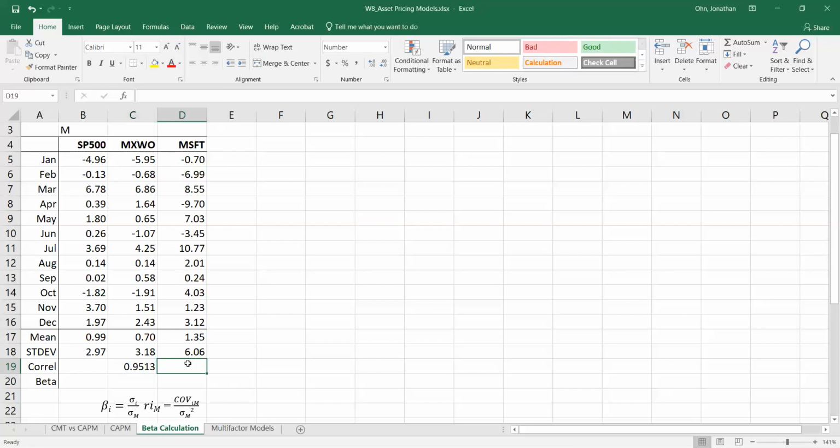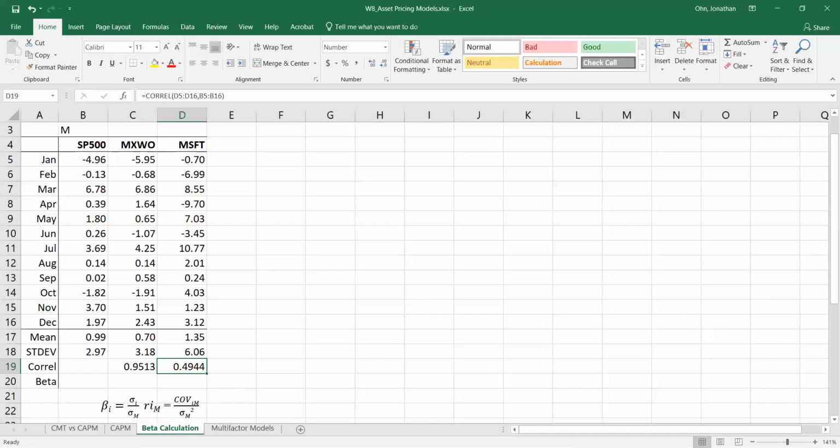Let's see the Microsoft correlation coefficient with the S&P 500 market portfolio. We have 0.4944. Interesting.